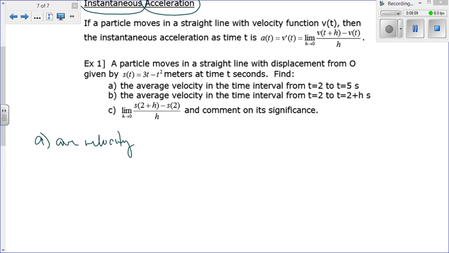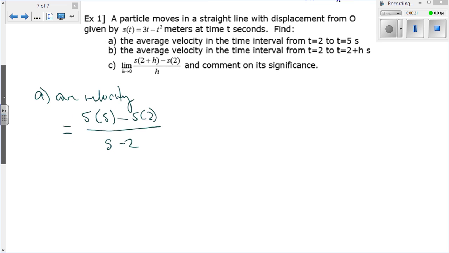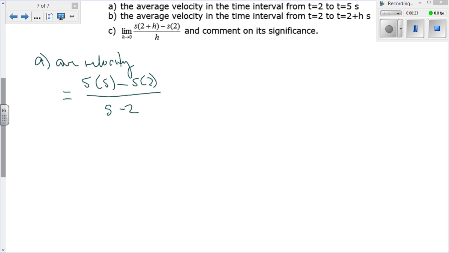So we need to find s of 5 minus s of 2 all over 5 minus 2. When we're finding the average, we use the slope formula. If I substitute 5 into the function, I would get 3 times 5, which is 15, minus 5 squared, which is 25. So 15 minus 25 is negative 10.